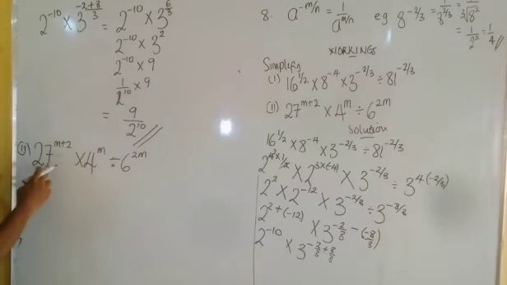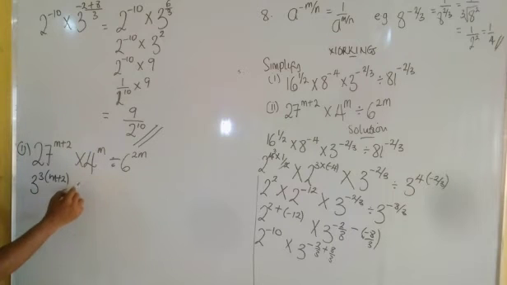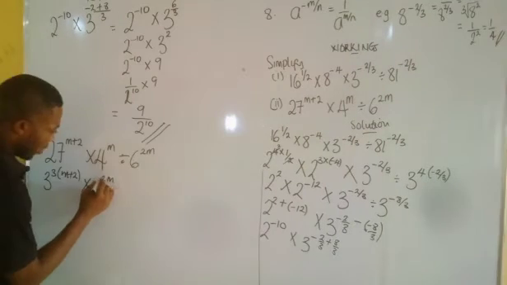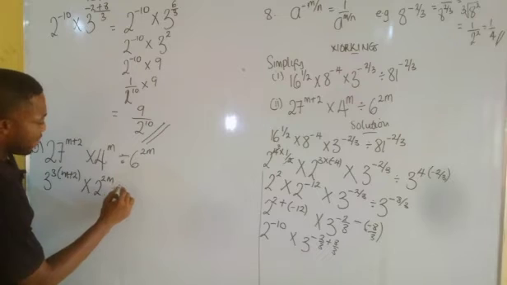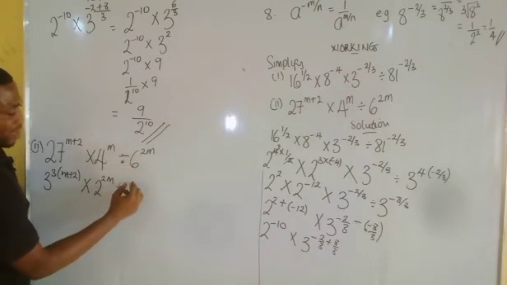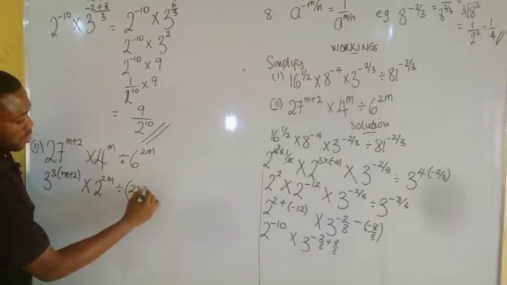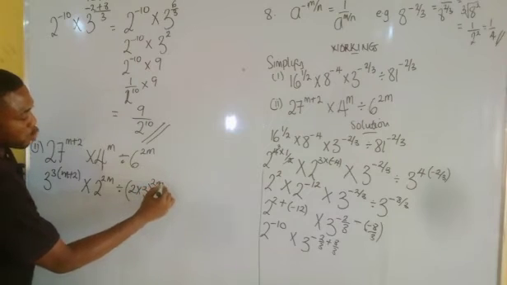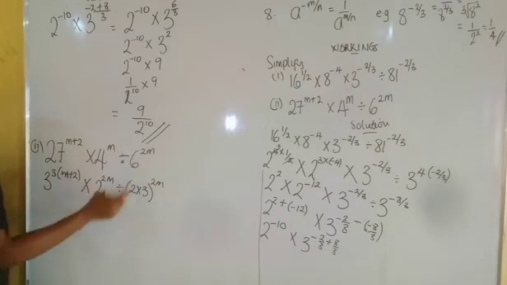Okay? Now 27 to the power m plus 2 times this. Now 27 can also be expressed as 3 raised to power 3, into m plus 2. Okay? Times 4 can be expressed as 2 to the power m, divided by, now our 6 can also be written as 2 times 3, all raised to power 2m. Because 2 times 3 is what? 6.